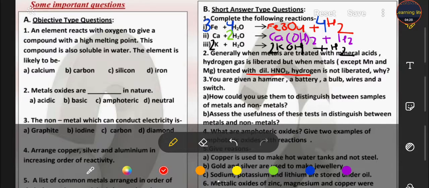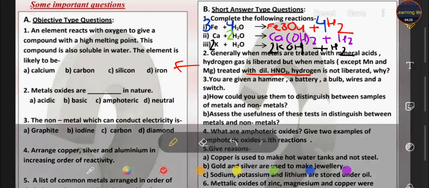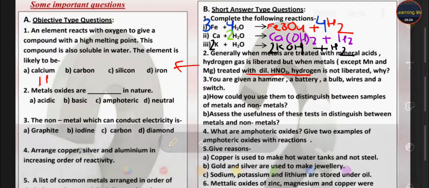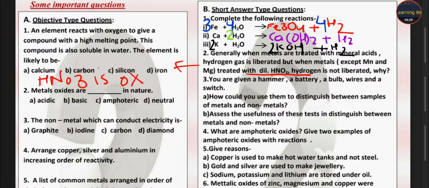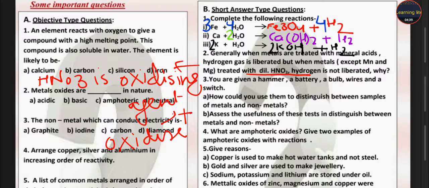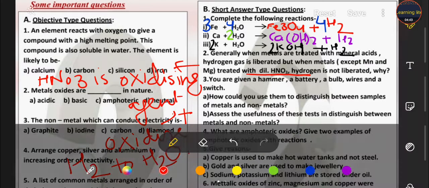So you have to write the answer here, that HNO3 is an oxidizing agent and it oxidizes hydrogen to water. Okay students, HNO3 converts all the hydrogen gas into water by oxidizing it.